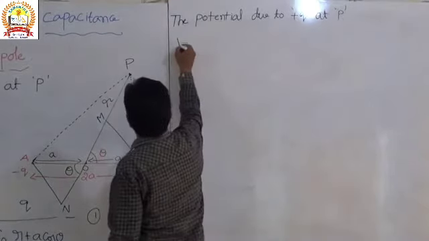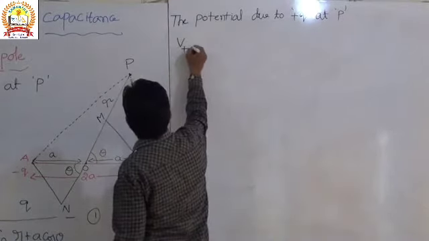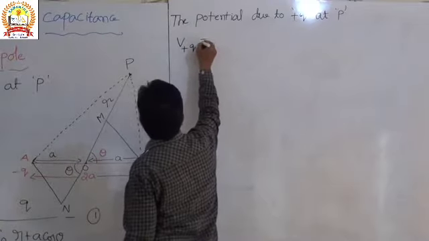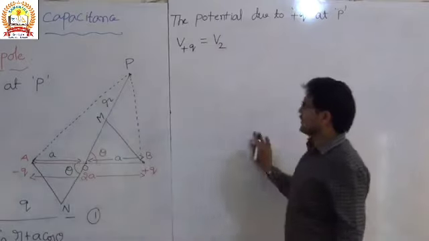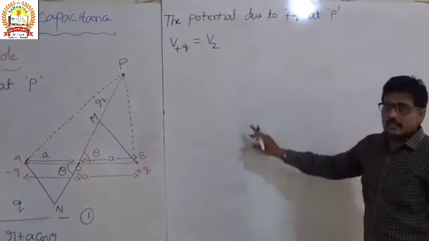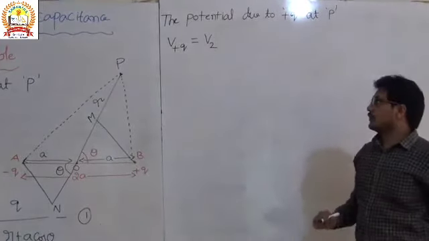That is V plus Q, equal to V2. We consider that V2 is the electric potential due to the positive charge.